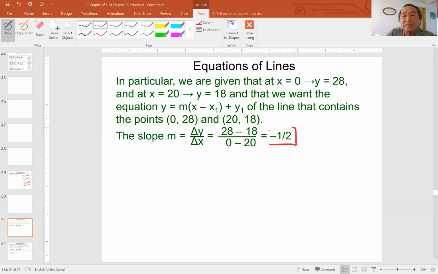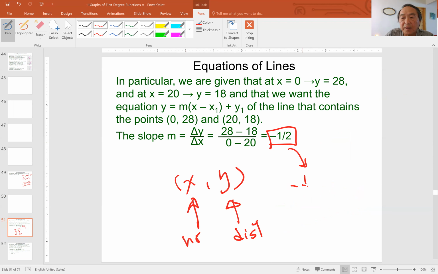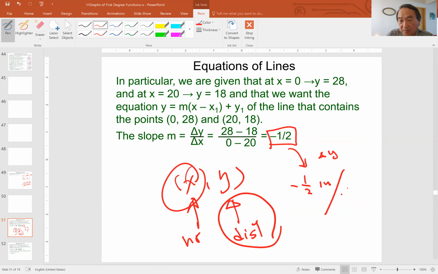What does this minus 1/2 mean? Here, x is hours, y is distance in inches. It's delta y per 1 hour. In other words, the water level is rising, so the distance shortens by 1/2 inch every hour.